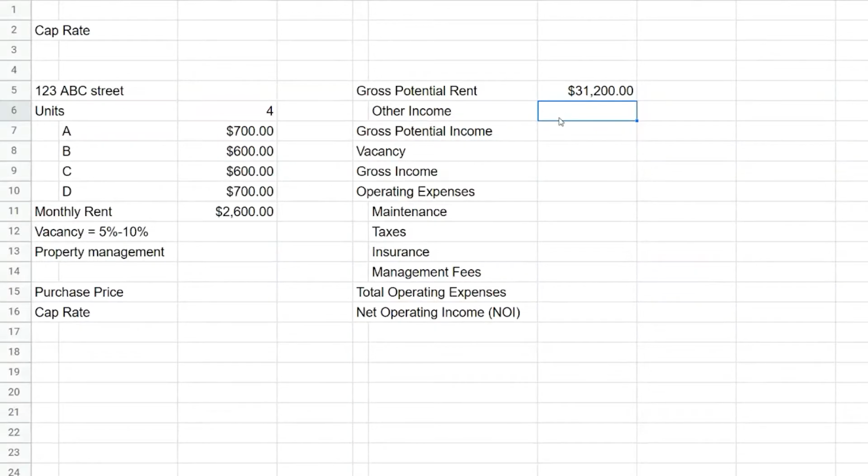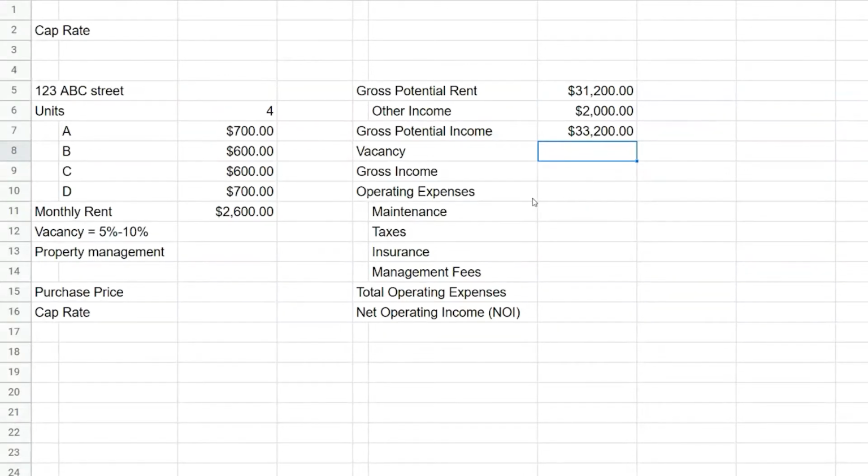Let's say each one of these units actually does have a storage unit. So what I want to do, make it super simple, I collected $2,000 for the year on that storage unit. I'm going to add that amount to here, make it super simple, and that is what I end up with.